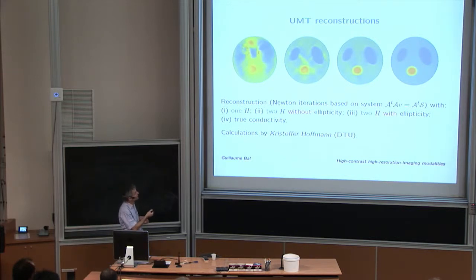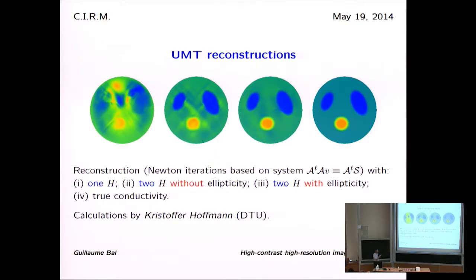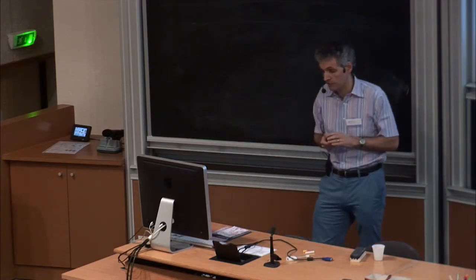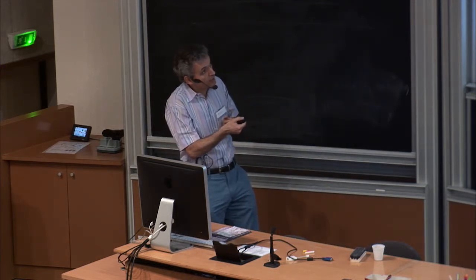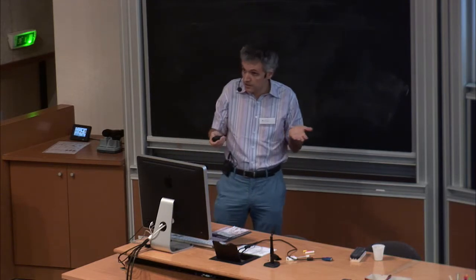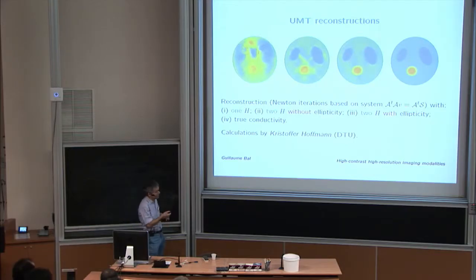And you see that numerically it's quite remarkable. We see some artifacts that come exactly from propagation of errors that are generated here at the boundary of objects, and you see that these errors propagate through the domain by standard propagation of singularities in a hyperbolic problem. So you see that numerically making sure that the solutions satisfy the ellipticity constraint gives us much better reconstruction.